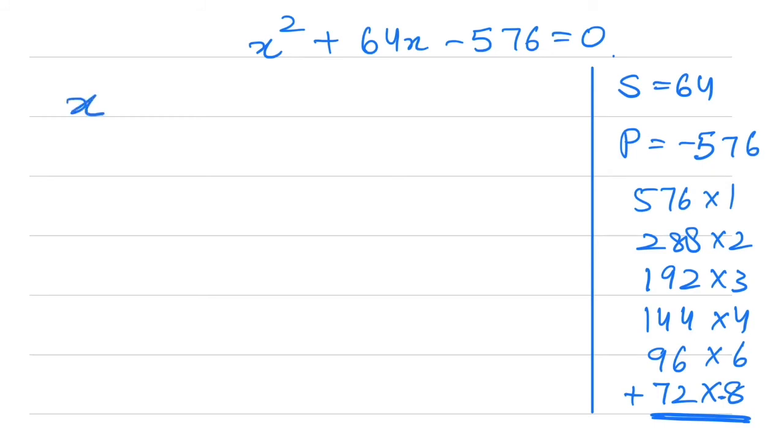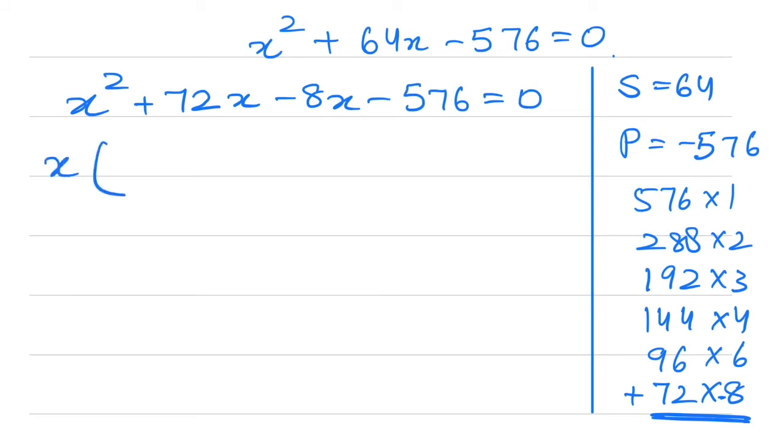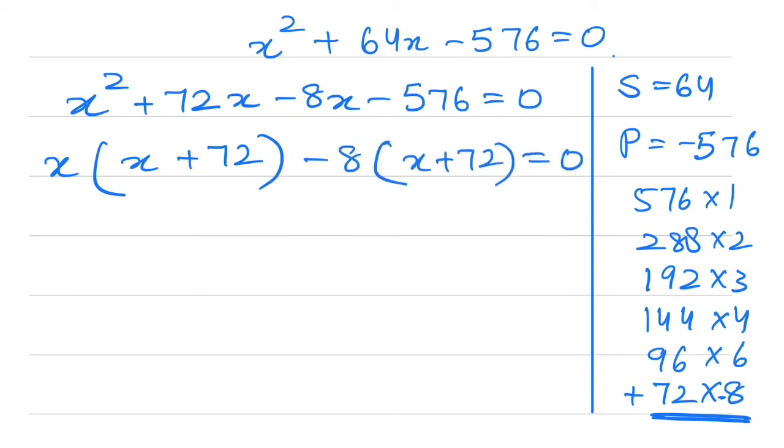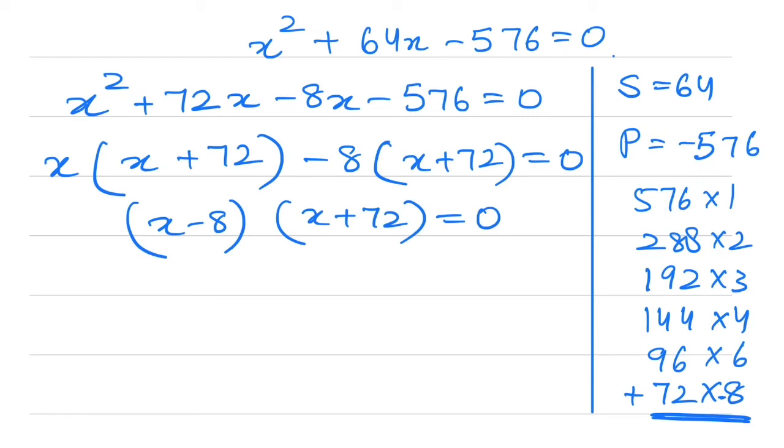So let's split the middle term. x square plus 72x minus 8x minus 576 is equal to 0. x is common. x into x plus 72 minus 8 into x plus 72 is equal to 0. So x minus 8 and x plus 72 are the factors for this equation.